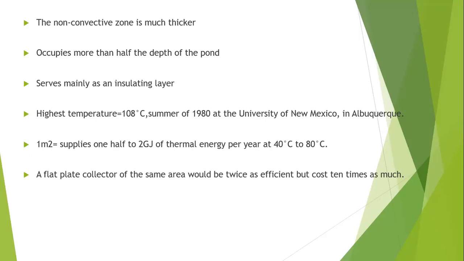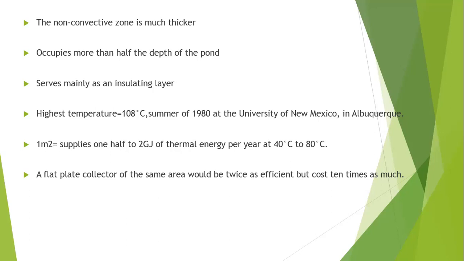As salty water near the bottom heats up, it expands. However, it cannot rise because it is denser than the less salty water above. So though it is heating up, it cannot rise due to the salt at the bottom. Thus the solar pond is non-convective and the warmer water stays trapped below.